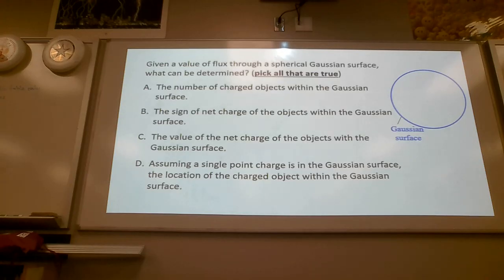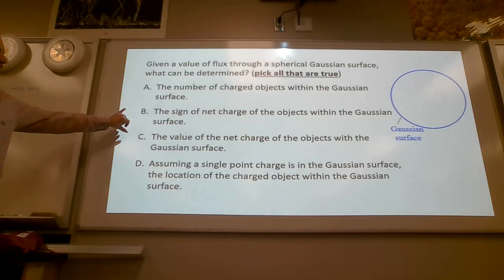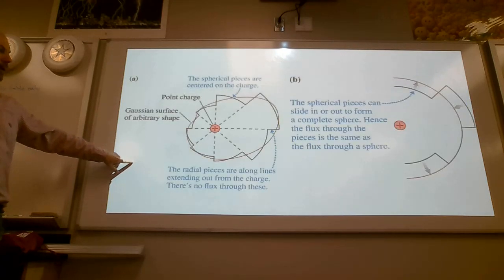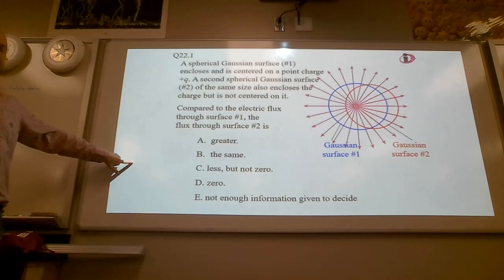Oh, you know it's B. How could it be a C? Yeah. Plus what? Correct answer is B and C. You good with that? Does everybody, this makes sense here? The red is not at the center, but it has the same flux. Okay.